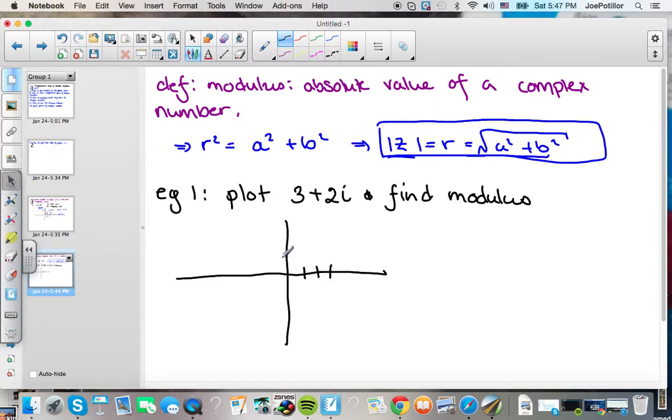Okay. 1, 2, like this. Using an arrow, something like that. Alright, so this is our number plotted on the plane.